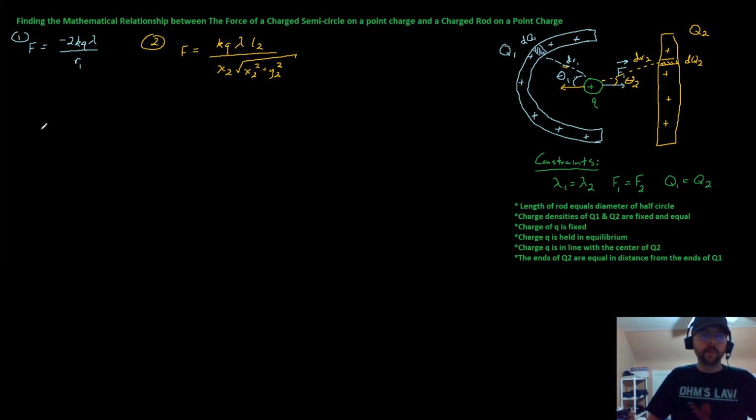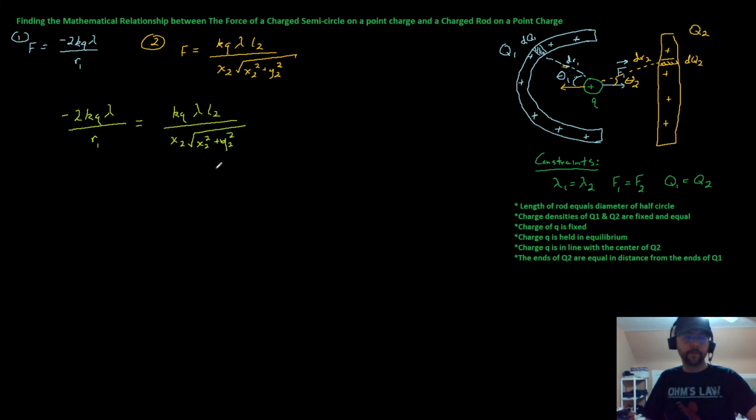We're going to say that the force is equal to -2kQ lambda over r sub 1, which is also equal to kQ lambda L sub 2 over x sub 2 square root of x sub 2 squared plus y sub 2 squared.